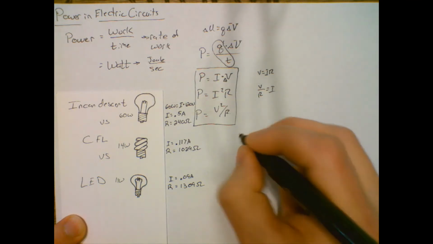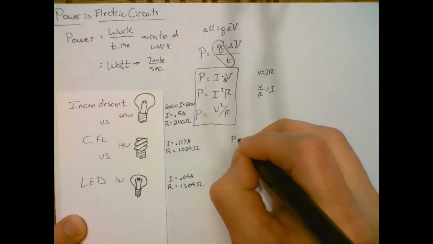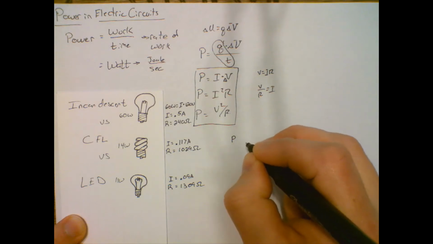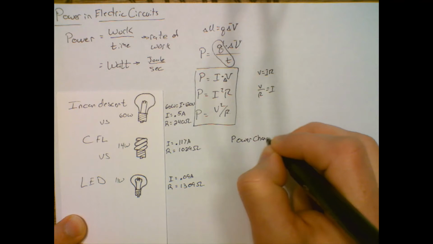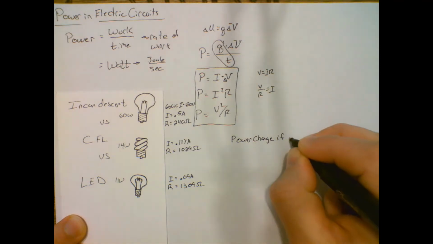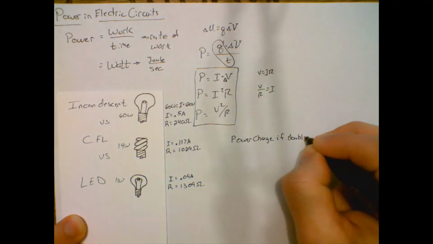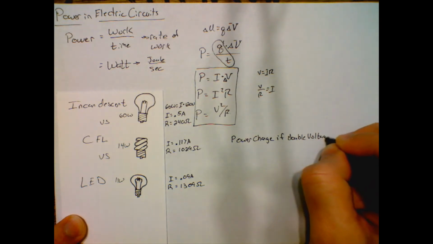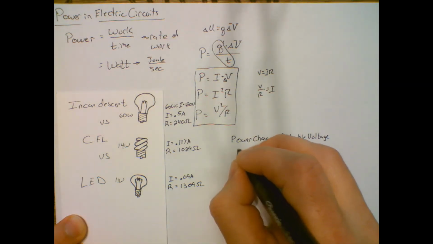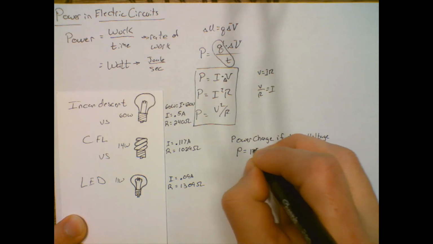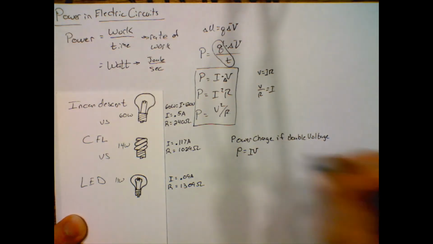So what if I'm dealing with a circuit and I double the voltage in that circuit? I take my one AA battery and I put two AA batteries in there. What happens? Well, let's look at it. We know P equals IV. That's probably the easiest way to look at this.